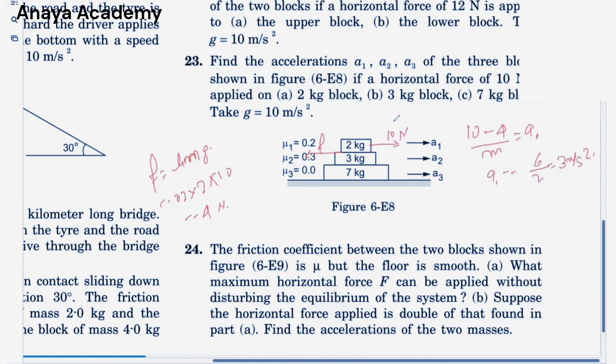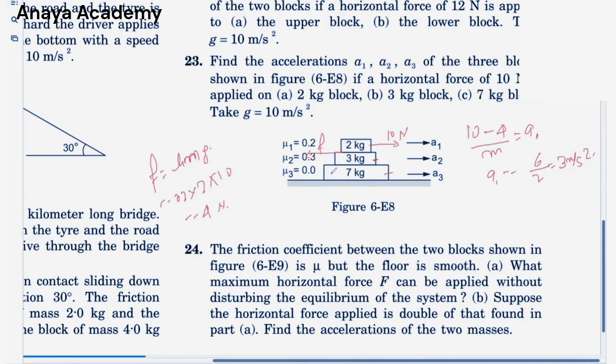Okay. For the first case, when the 10 Newton force is still applied, what would be the acceleration of the 3 kilogram block and the 7 kilogram block? It's not that only the 2 kilogram block will move forward and the remaining blocks will remain at rest, because the friction between the bottom block and the surface is 0.